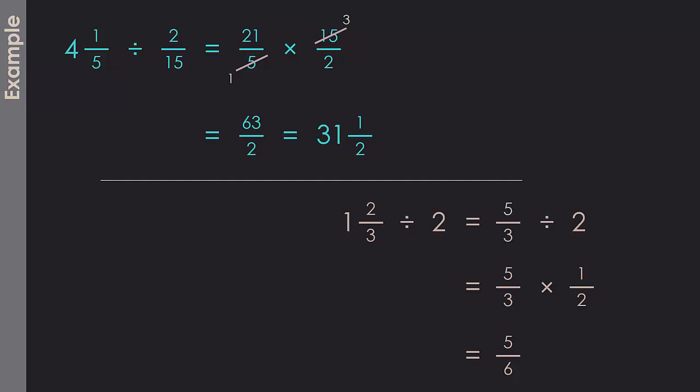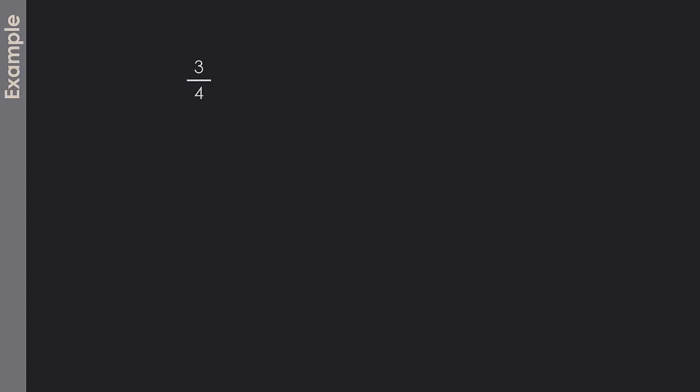Now let's see the next example. What is 3/4 divided by 1 and 1/8? So 1 and 1/8 is a mixed number, so you have to change it into an improper fraction. 1 and 1/8 equals 9 over 8. So we rewrite the division: 3 over 4 divided by 9 over 8.